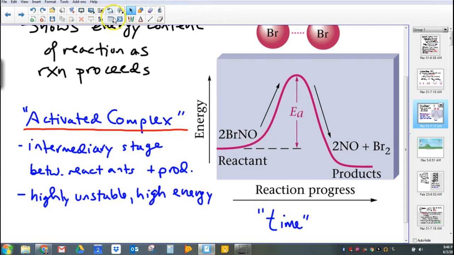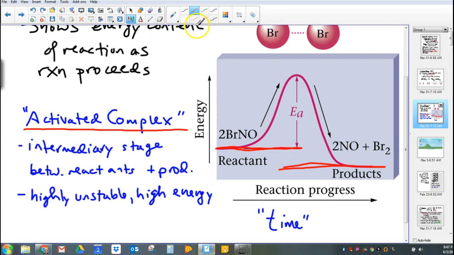Now, there are some things to pick up on in this diagram. First of all, look at the energy content of the reactants shown here with this line versus the energy content of the products shown here with that line right there. I want you to notice that there is a difference between the two.